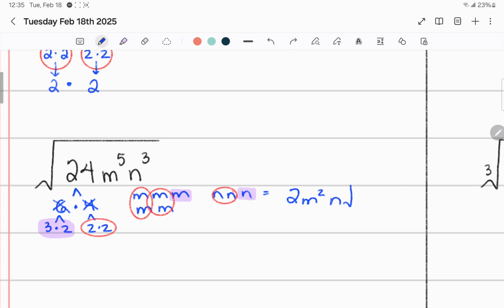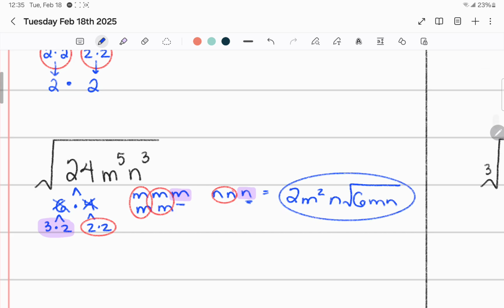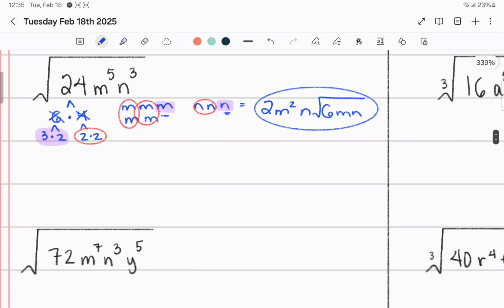So left over on the inside of our radical, we have 3 times 2, that's 6. And then we have just an M and just the N. This would be our answer. So I'll give you a sec to write that down.